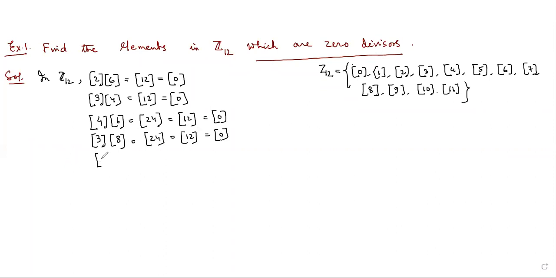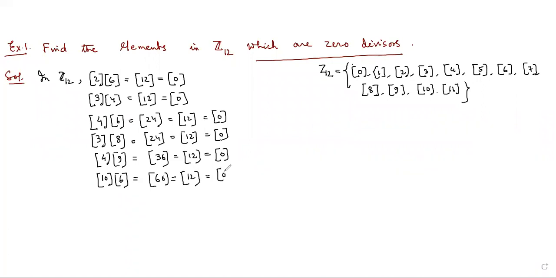If I consider 4 and 9, this is class 36, this is class 12, this is class 0. If I consider 10 and 6, this is class 60, this is class 12, this is class 0. I hope I have covered all the elements.